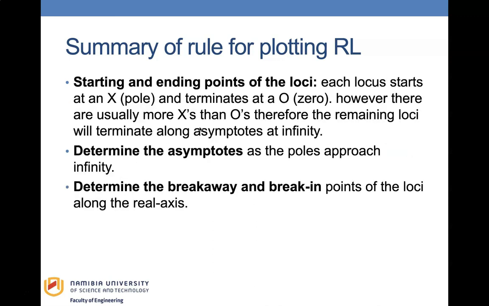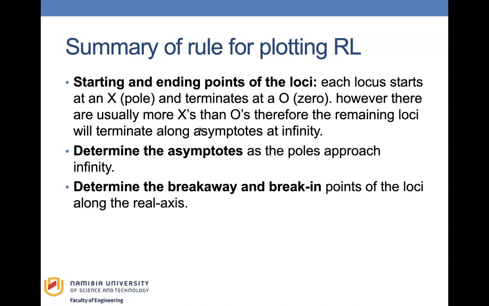And point 4, starting and ending points of the loci. Each locus starts at a pole and terminates at a zero. Note that the poles are indicated by X and the zeros are indicated by O. However, there are usually more X's than O's, therefore the remaining loci will terminate along asymptotes at infinity.